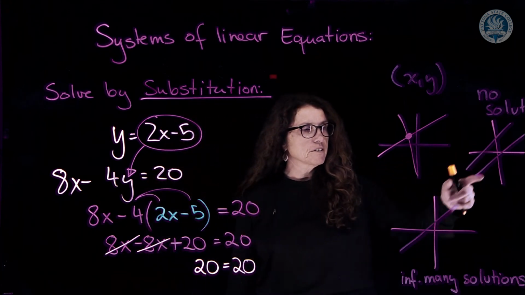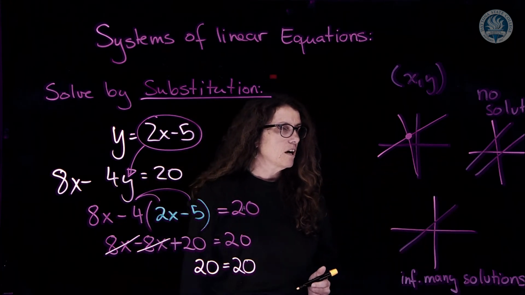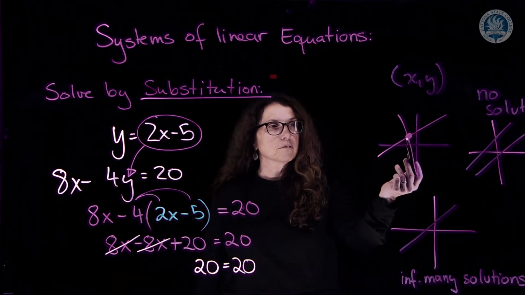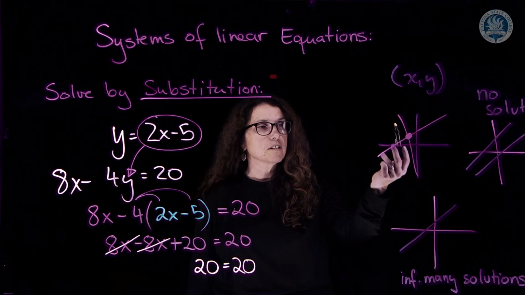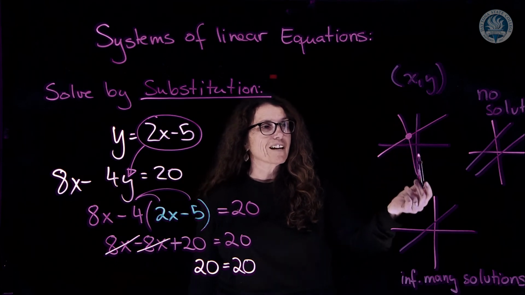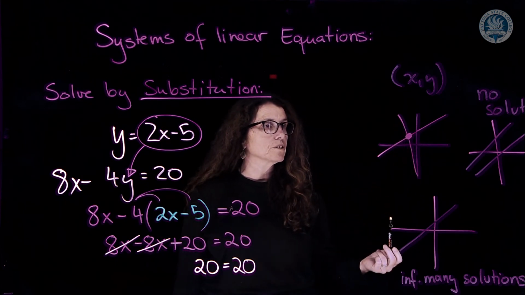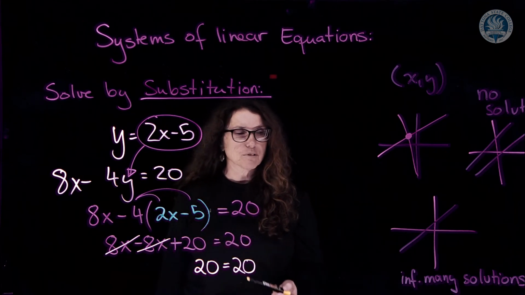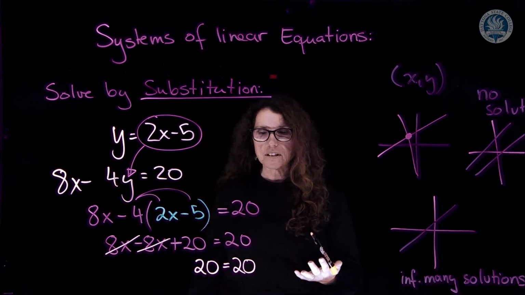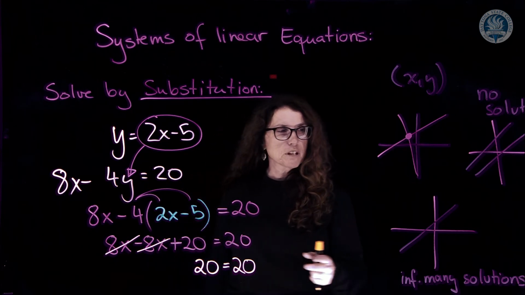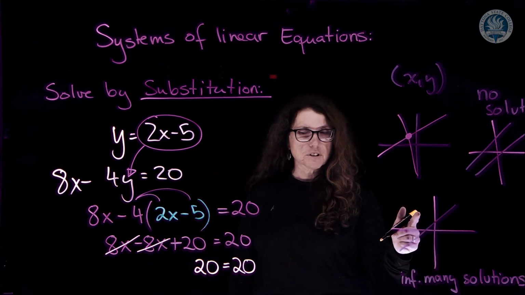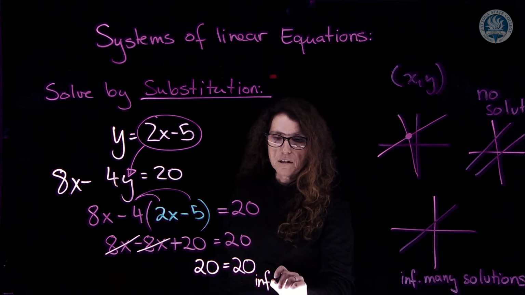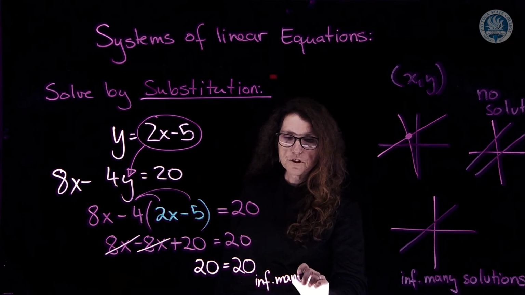Now here on the right-hand side are our three cases. We don't have a variable, so we're not solving for x and y in this case. They do not intersect at just one point. When the left-hand side is equal to the right-hand side, basically an identity, this would be our third case, and we have infinitely many solutions.